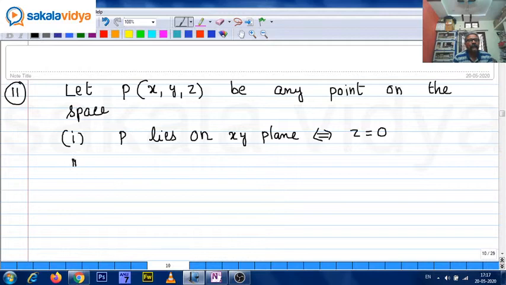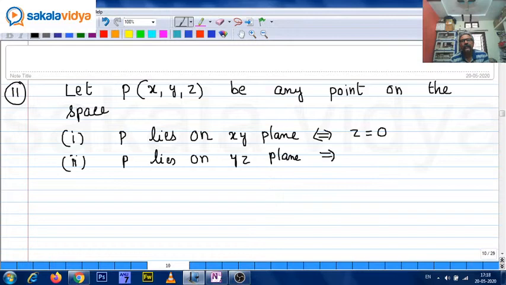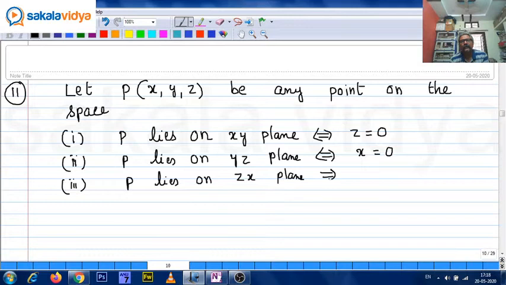Next, second point, P lies on the YZ plane, so that means x equals 0, x coordinate is 0. P lies on the ZX plane, that implies y coordinate equals 0.